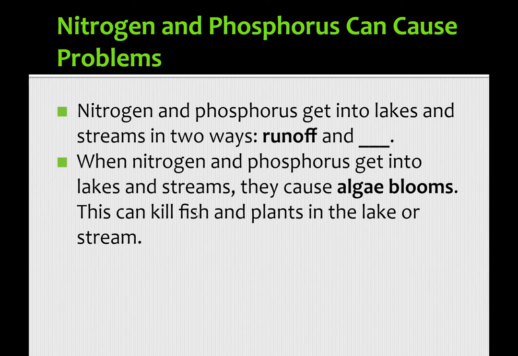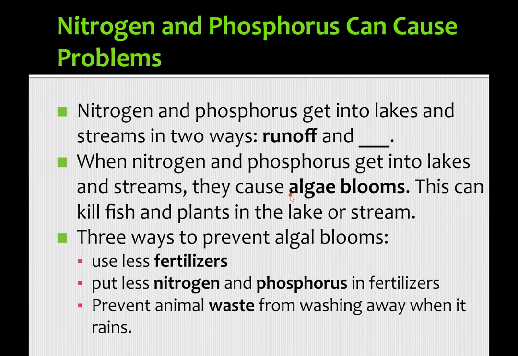So large algae blooms are caused by high levels of nitrogen and phosphorus that are either being dumped or accidentally making their way into rivers and streams. There are a couple ways to prevent these algae blooms.